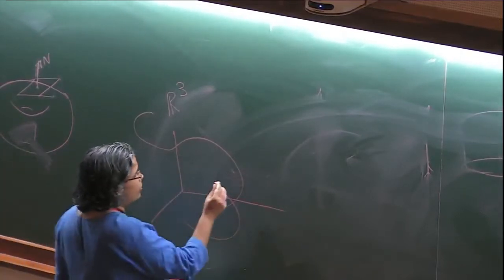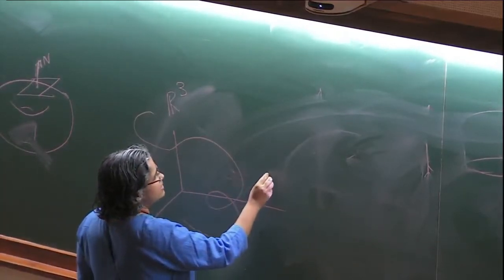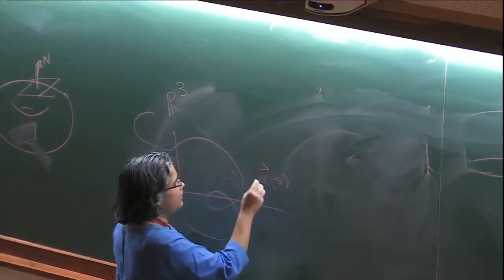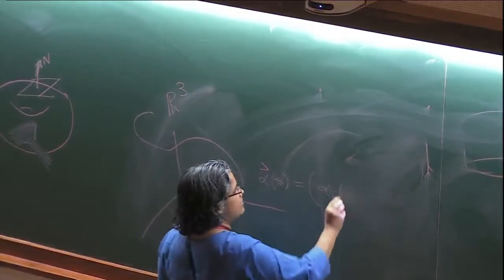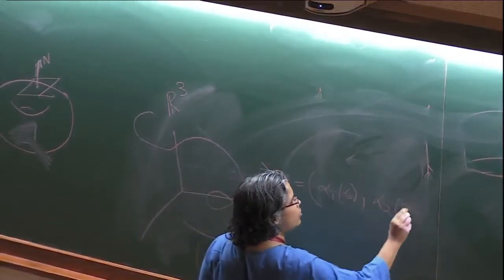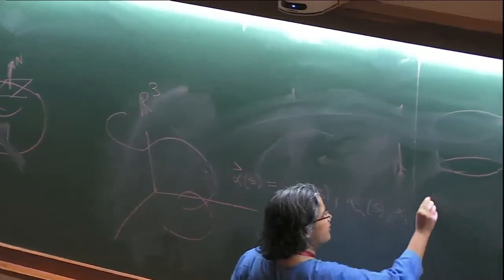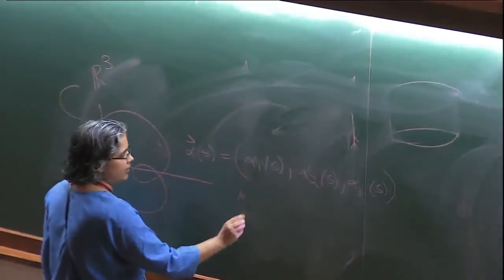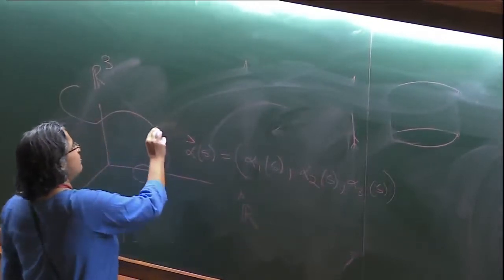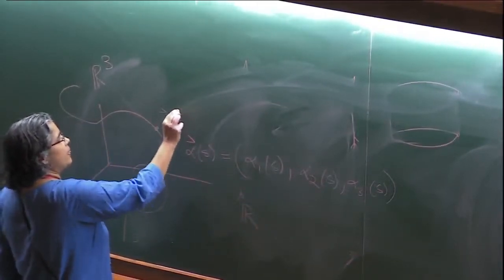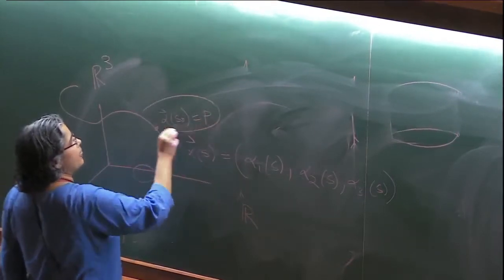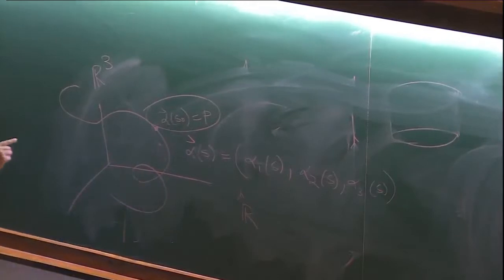So how does one characterize it? One characterizes it by a parameter. Let me draw it like this: alpha of S is (alpha 1 of S, alpha 2 of S, alpha 3 of S). These are 3 numbers, and they belong to R3. So every point here, say some point, is denoted as alpha at S0.